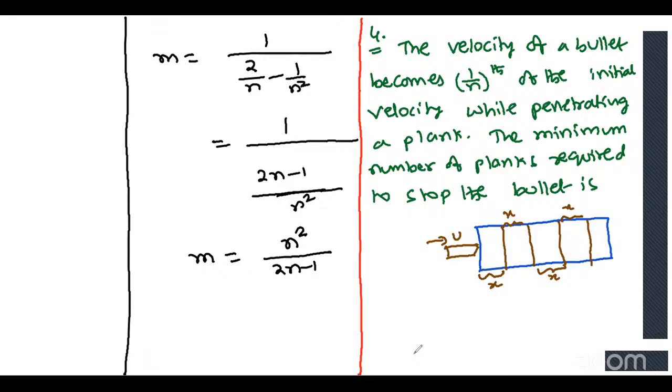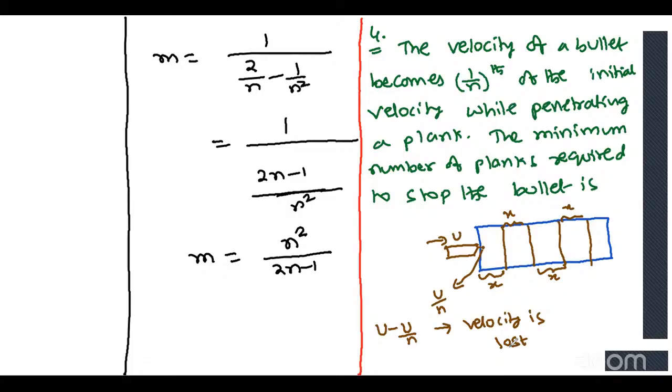After penetrating here, the velocity will be 1 by nth of the initial velocity, that is u by n. That means u minus u by n, the velocity, is lost.